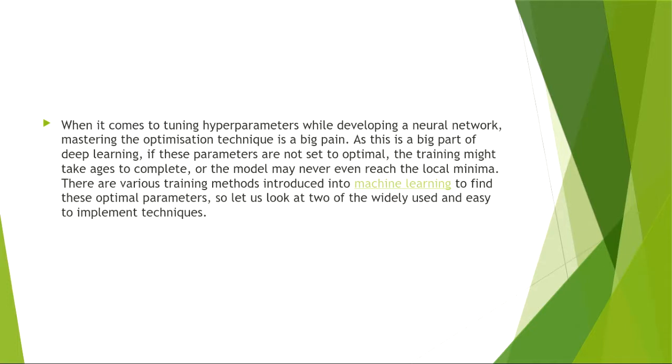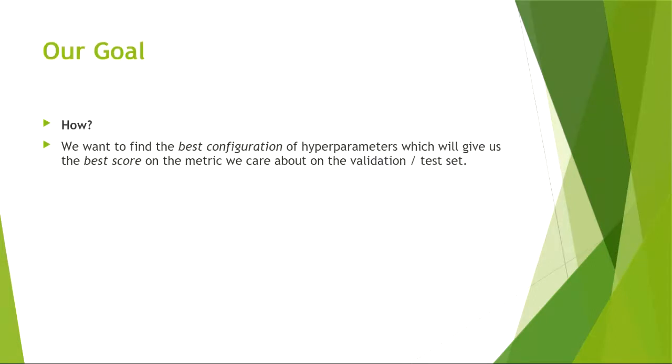So now we'll be talking about these two widely used techniques, random search and grid search, because these two techniques are very easy to implement. Okay, so did you get this point, why we need to optimize our parameters, our hyperparameters? Are you clear about this?